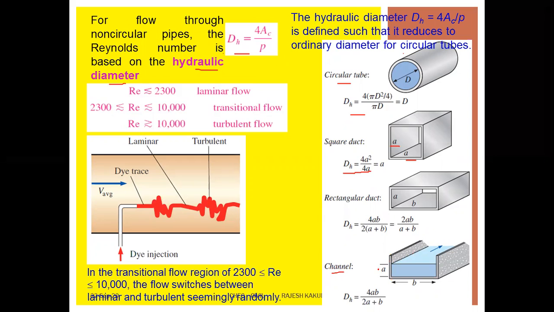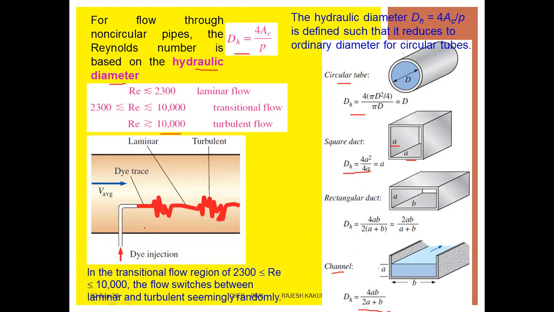Rectangular open channel A into B. That is also DH is equal to 4AB by 2A plus B. So these are the 4 cross sections where you use the Reynolds number with the hydraulic diameter whenever you get the problems. So if you see, what is the laminar flow? Less than 2300. In some books you can find some standard values like this. Transition flow is between these, and turbulent flow is greater than 10,000.